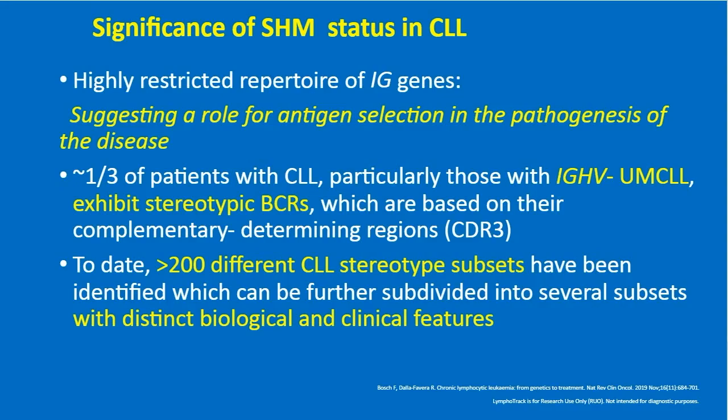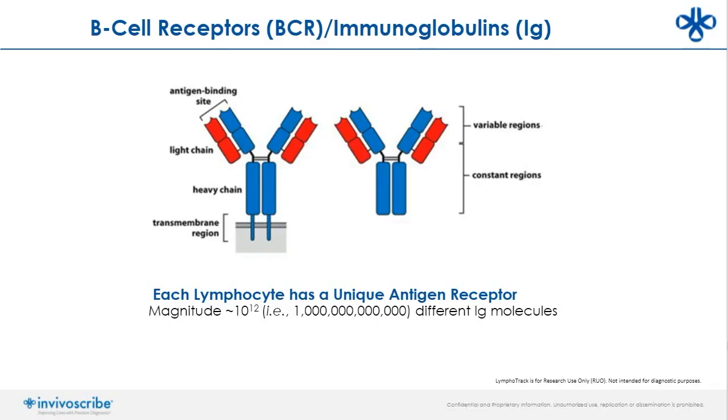Most of you know the structure of the B cell receptor, which is expressed in B cells. Because of the highly diverse nature of this gene, you can create a very high number of different combinations of sequences, up to 10 to the power of a very large number.